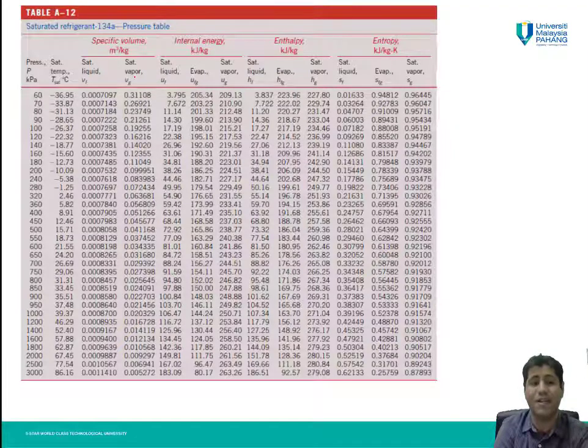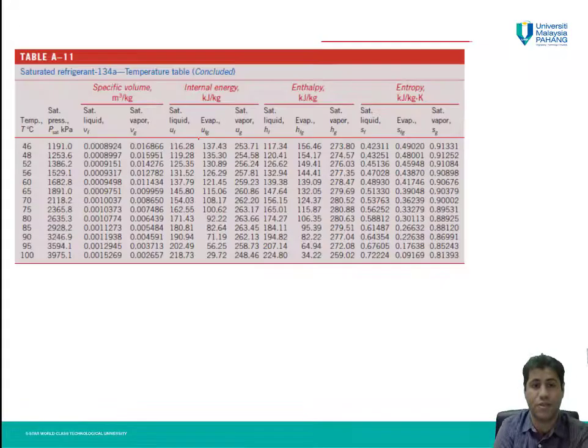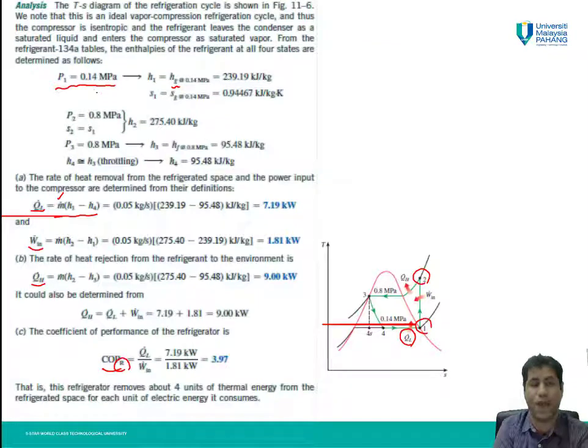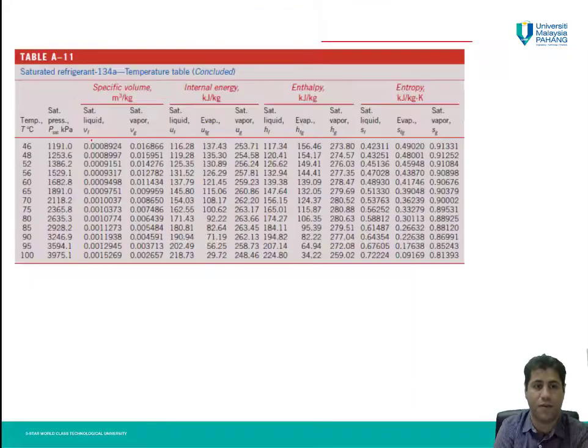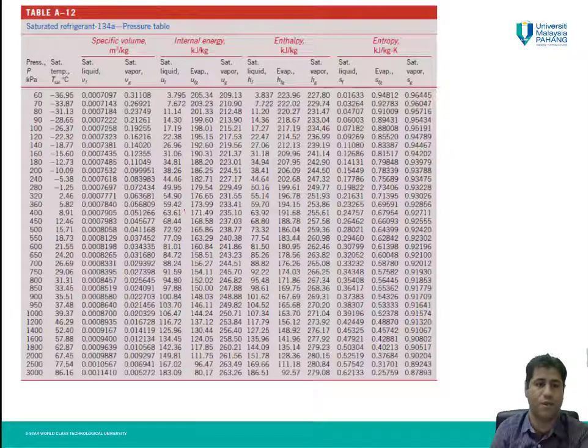What we have here is pressure, 0.14 megapascal or 140 kilopascal. The table which we have here is also based on kilopascal.